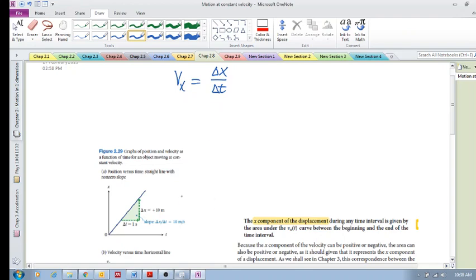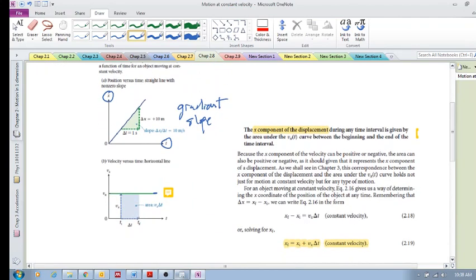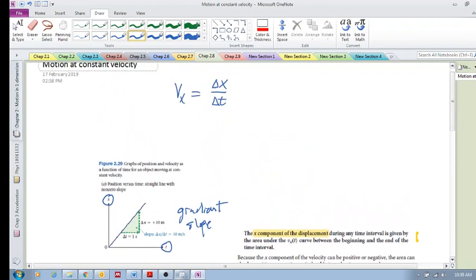That's effectively the gradient of the position time curve, which gives you the velocity, or the slope. So the slope of the position time curve gives us the velocity, or in a mathematical way, the change in x over change in time gives us the velocity.